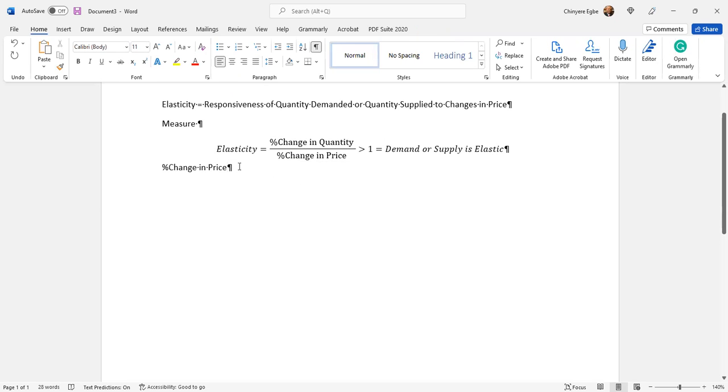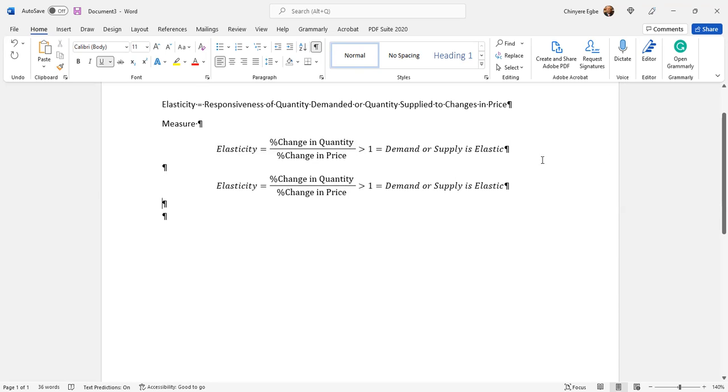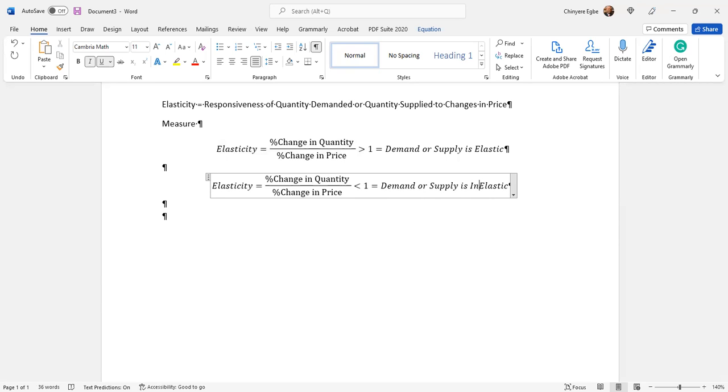Now we can get another kind of result. If percentage change in quantity divided by percentage change in price is less than 1, then demand or supply is inelastic. So for this particular problem, what result did you get?